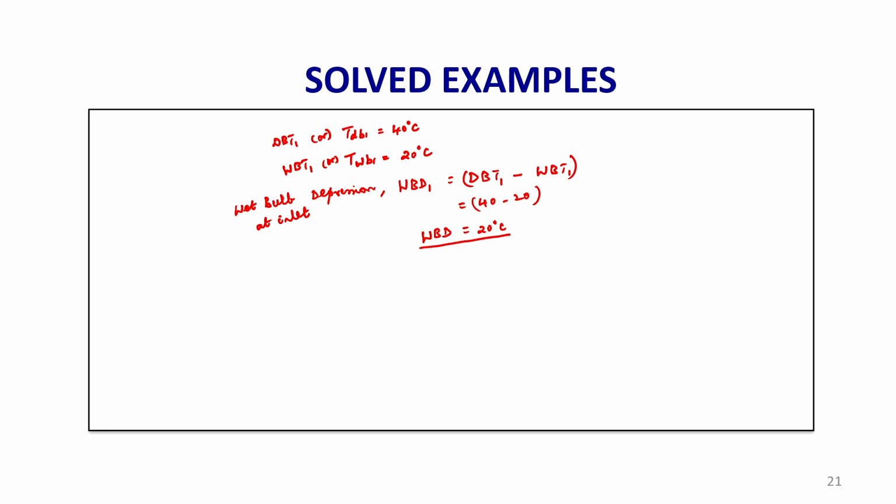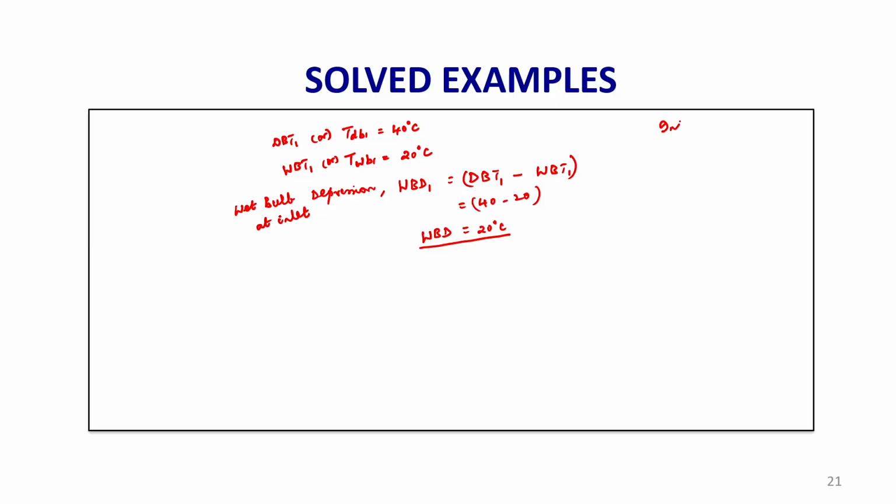So I am using WBD1 to represent the state point at inlet condition. Inlet is state 1, and outlet is state 2.